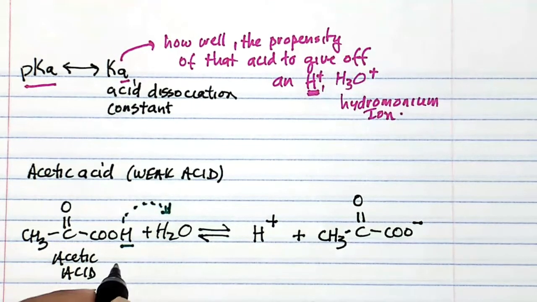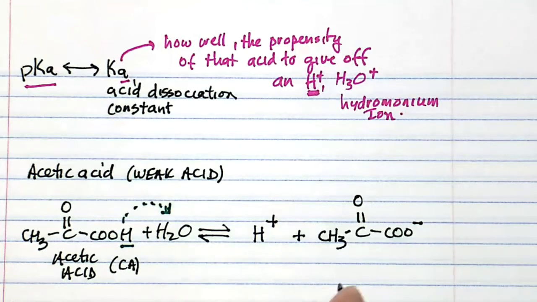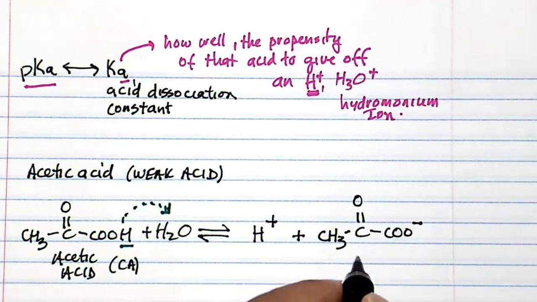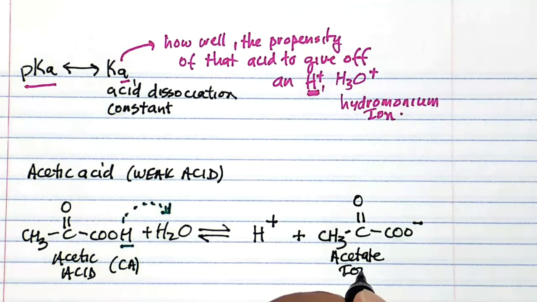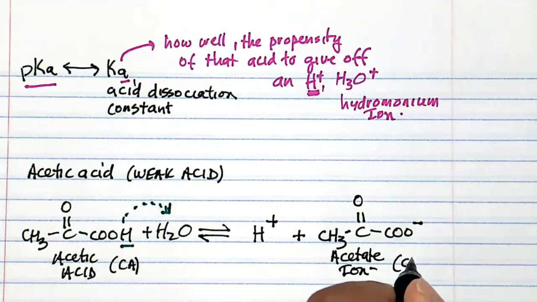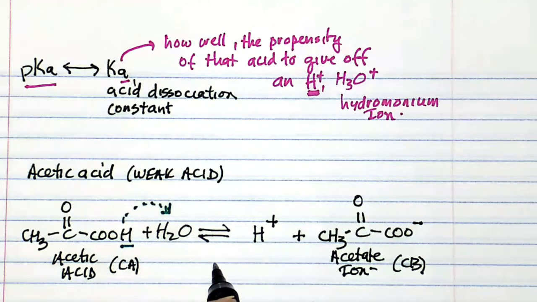This would be a conjugate acid. To that conjugate acid, we have its conjugate base, which is the acetate ion. Conjugate base.